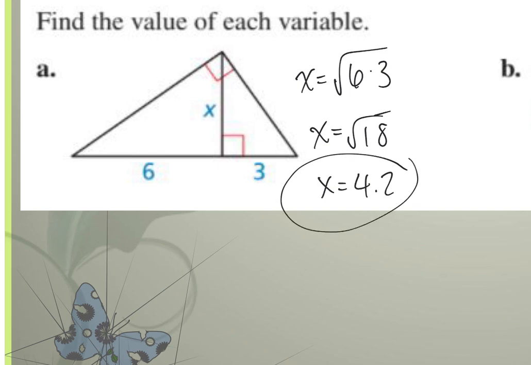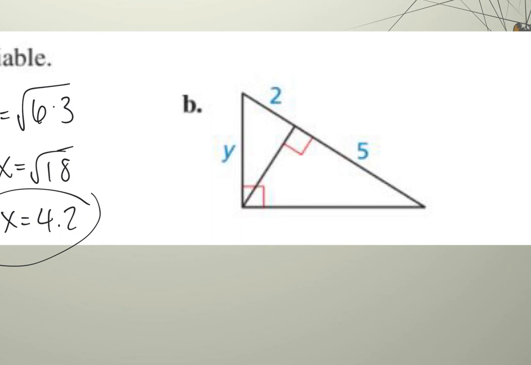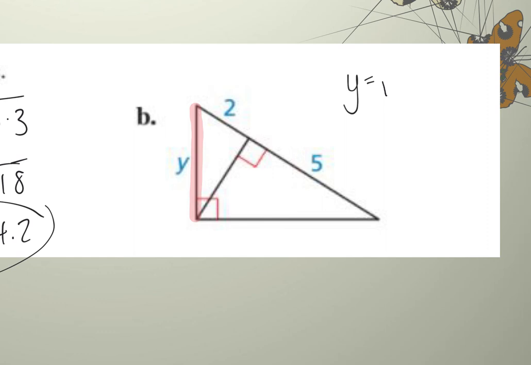Let's go. Now for B, is it asking us for the altitude? No, it's asking us for this side over here. Did anyone set up the geometric mean the right way? Jaden? I did y is equal to 2 times 7. Good. Where'd you get 2 times 7 from? Because 2 plus 5 is 7, and you have to find a small triangle.